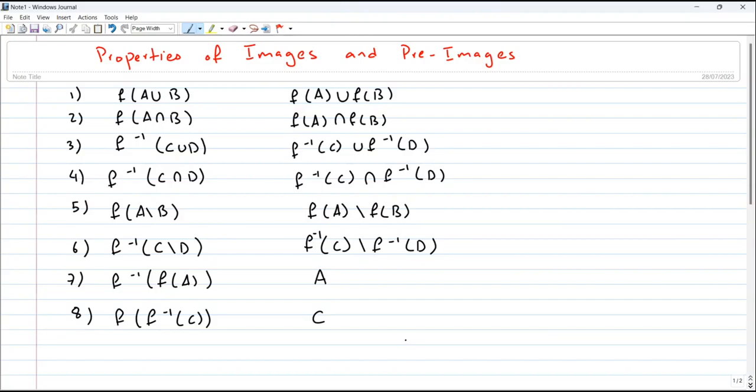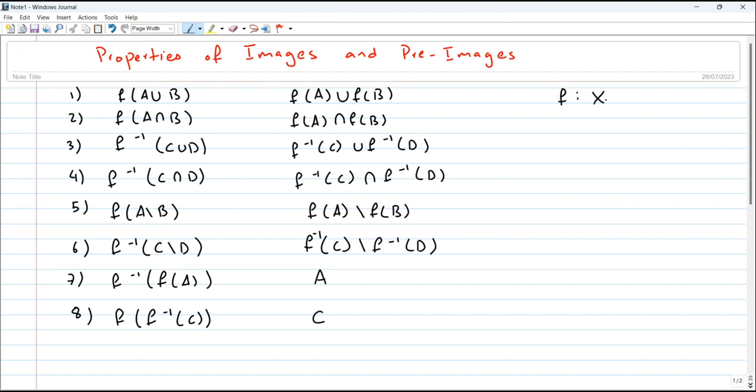Hello and welcome back. If you remember, I asked you 8 questions on my first video on images and pre-images. I will remind you the questions are all the same because these are like properties, and especially the ones involving pre-images are really useful to remember. The setting was as follows, if you don't remember.